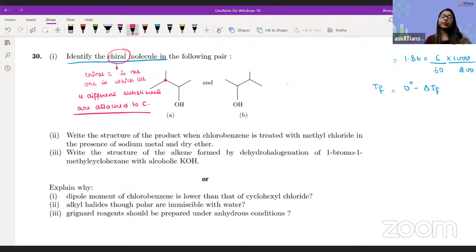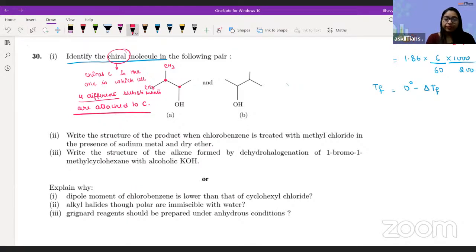So one carbon is capable of having 4 bonds maximum. So it is that sp3 hybridized carbon at which all 4 different substituents are present, right? Now, if I look at this carbon, there is CH3 and there's another CH3. Then and there, this is not my chiral carbon. This can't be, because I want 4 different things.